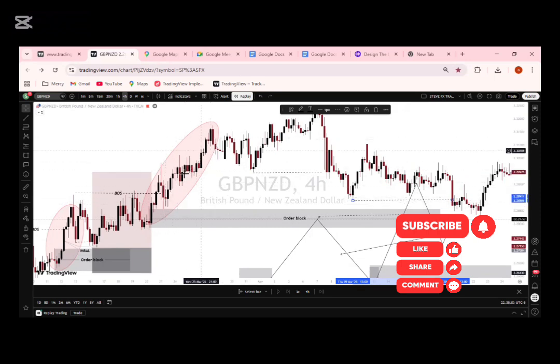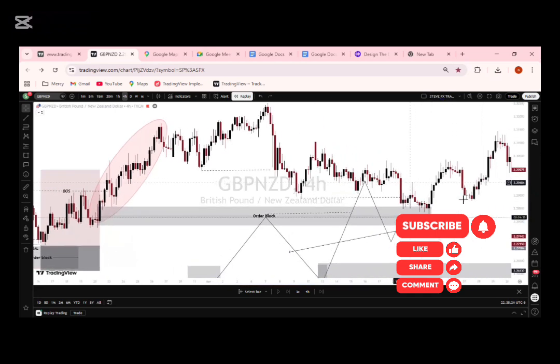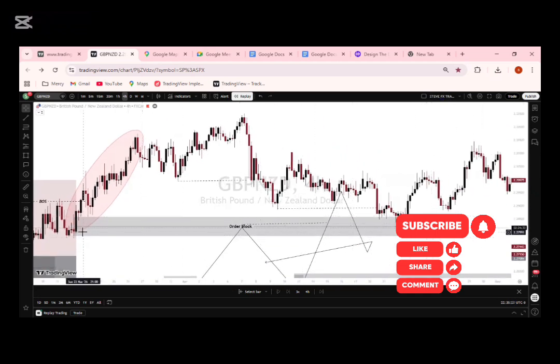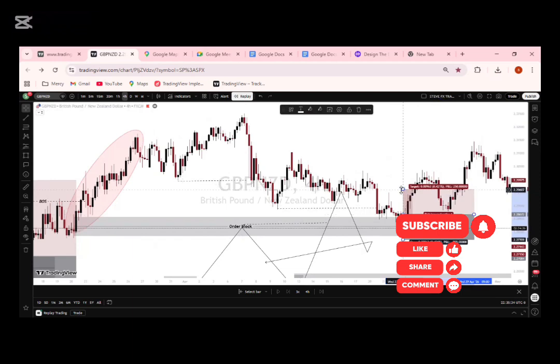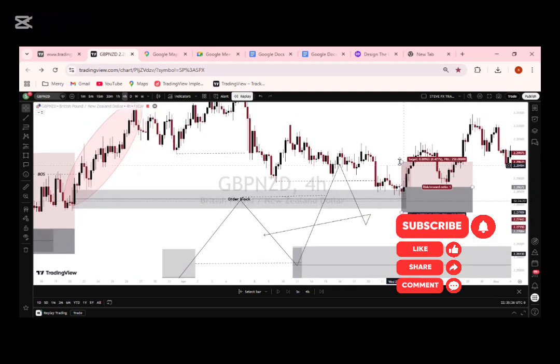But this one, the move that happened from here, if we apply the checklist over here, although we have an expansion over here, we don't have imbalances, so this one also becomes our extreme point of interest. So you see that the market then came to that particular point, and then we had a very strong move to the upside, a very strong move forward to the upside.